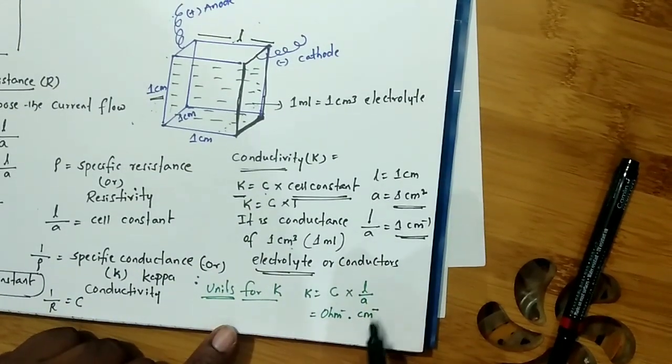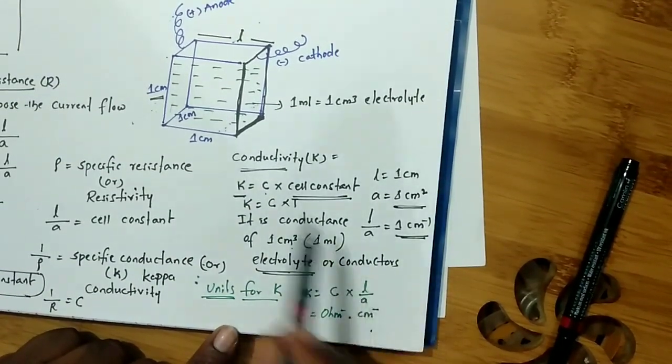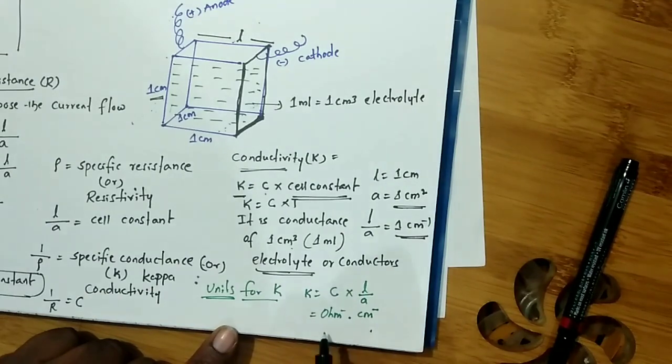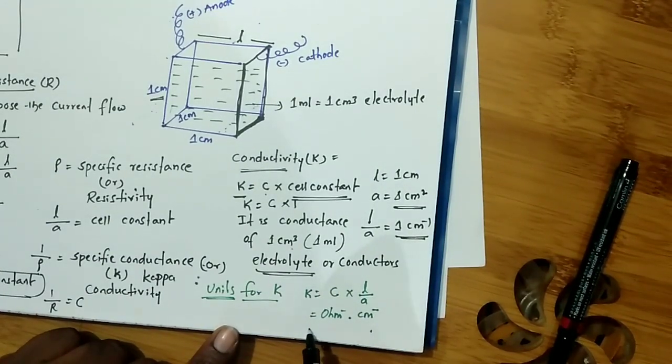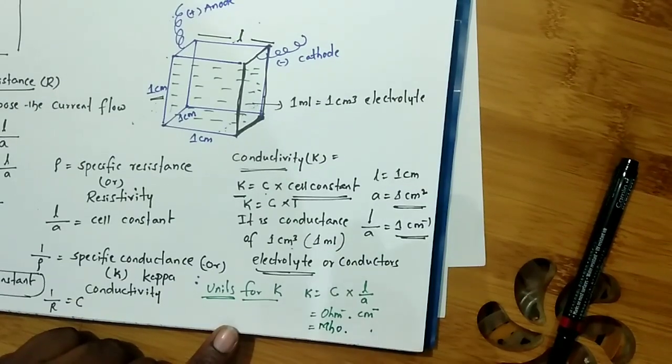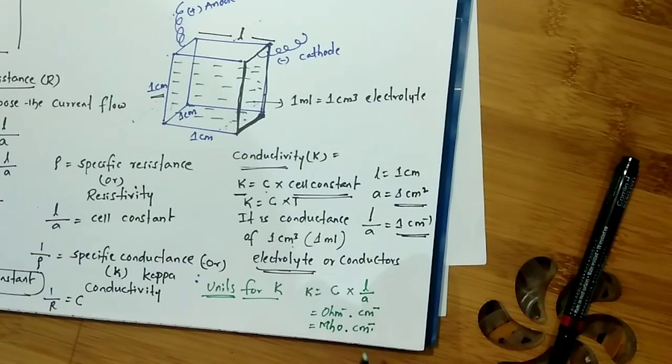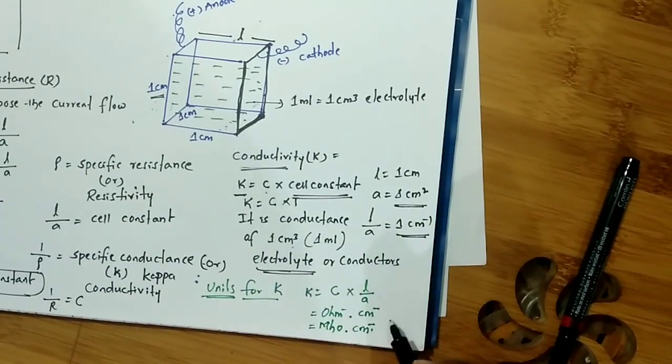If it is meter, then meter inverse. If you take length in meters and area of cross section in meter square, then instead of ohm inverse you can take mho, or mho centimeter inverse.